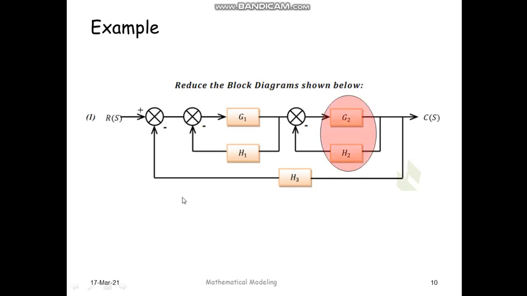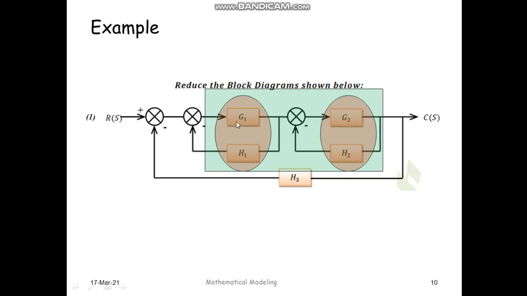So let us try to eliminate these minor feedback loops, first this one and then this one. After eliminating these two minor feedback loops, the transfer function of minor feedback loop 1 and the transfer function of minor feedback loop 2 will come in series. That is why this green zone is shown here.